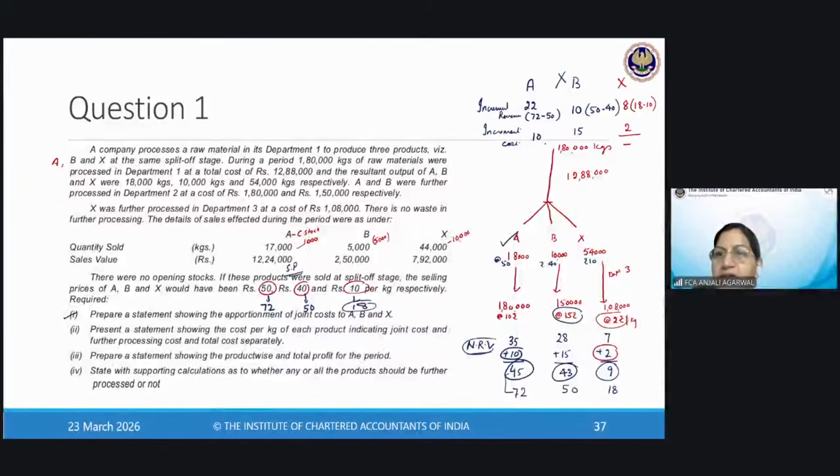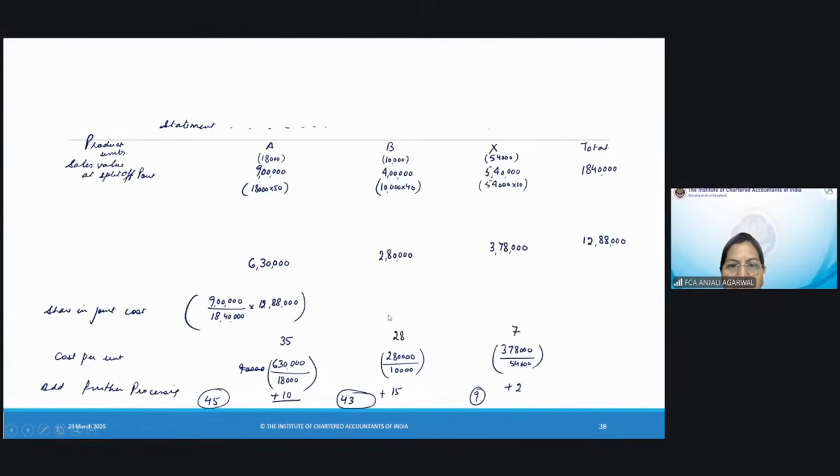So B should not be processed further. A and X should be processed further. Right? So this is how you will show it in the statement, that it is advisable to process product A and X further, whereas B should be sold at split off point itself. Okay?